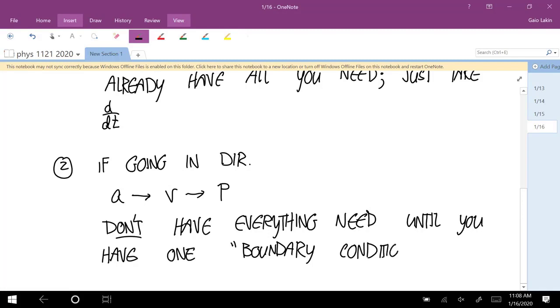One boundary condition for each step, maybe.